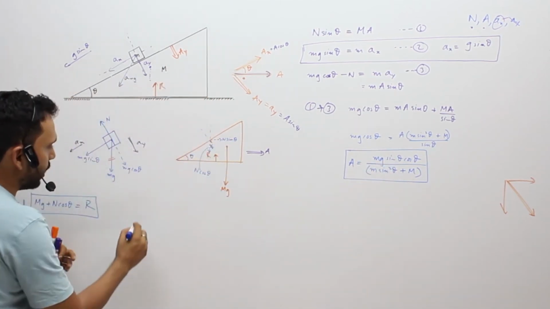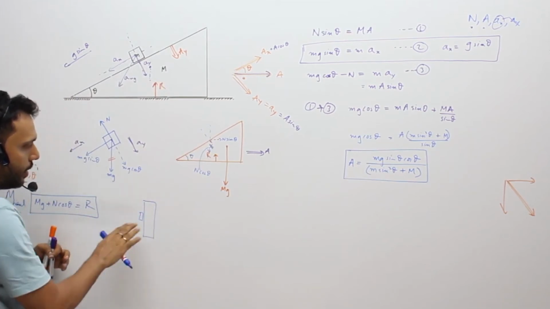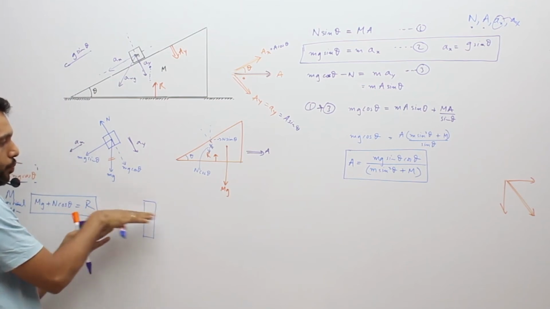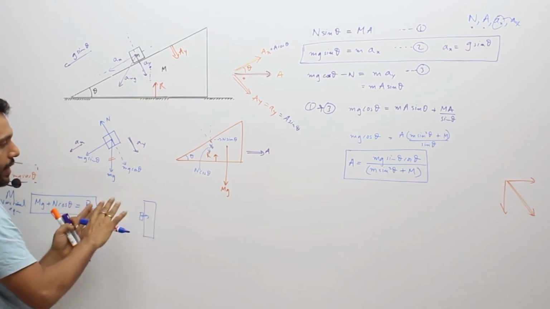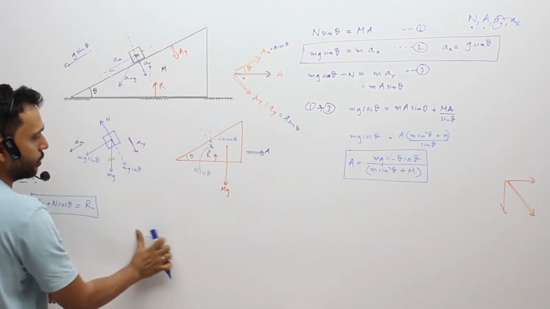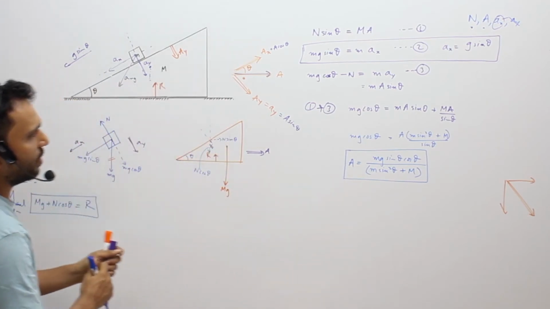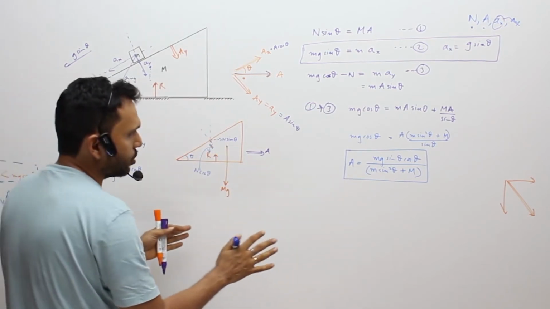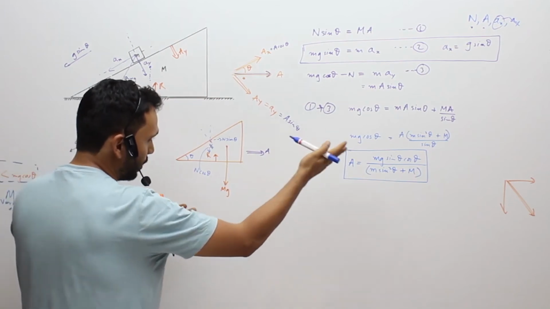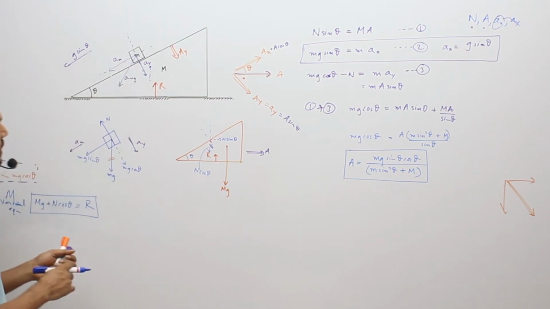In fact, if theta was 90 also, that means one block like that and one block like that, then again there is no push, there is no normal reaction, which again makes the acceleration 0. So cos theta is also on the top, making that situation also 0. So this is giving me a good idea that at least the numerator is right. I am pretty sure we have got it right. So the whole answer must be right.